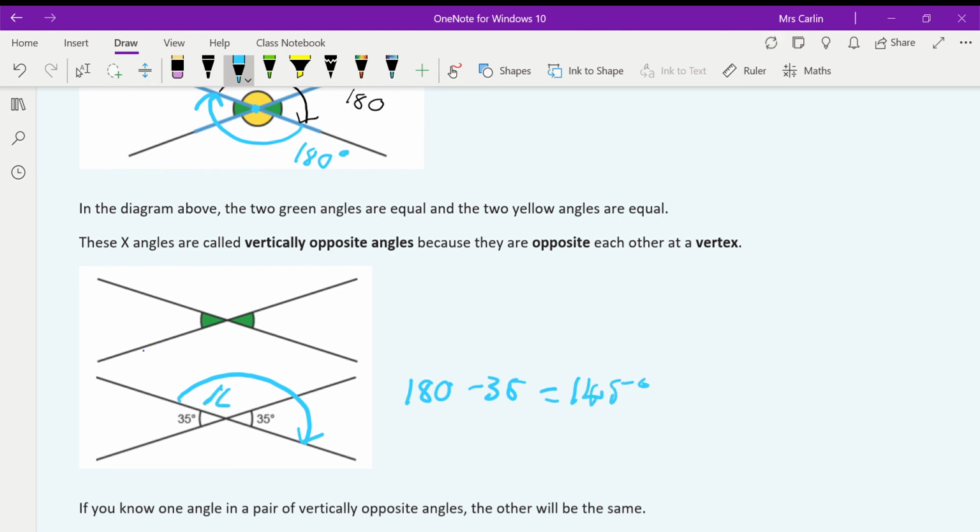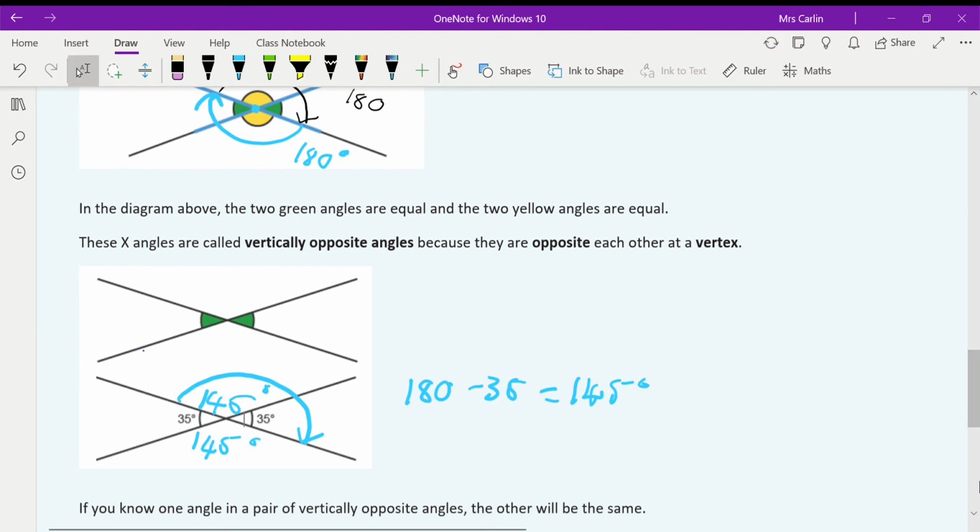So if this one is 145 degrees, this side also would be 145 degrees.